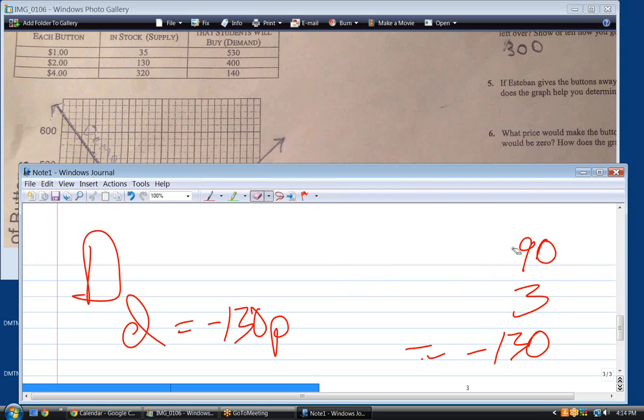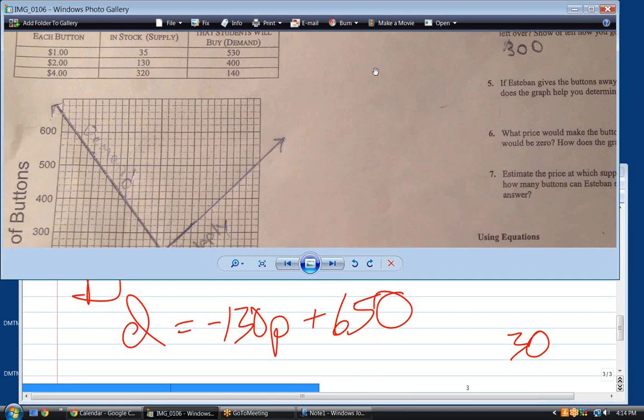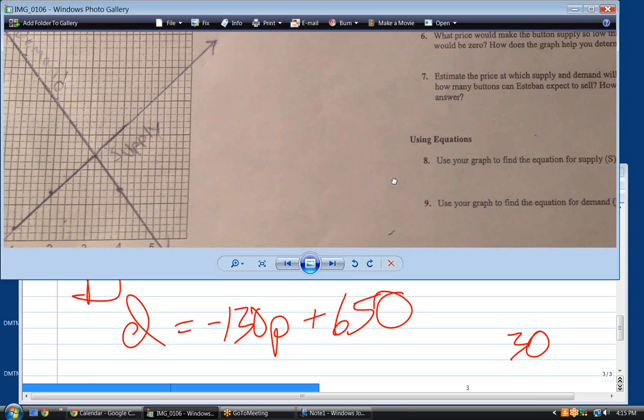Wouldn't it be about 660? Yeah, or 650 maybe. Since she's having you read it off the graph, it's going to at best be an approximation, because you can't be really precise reading a value off of a graph.